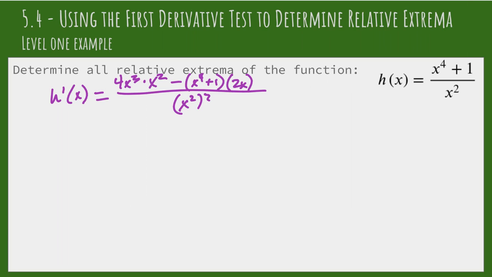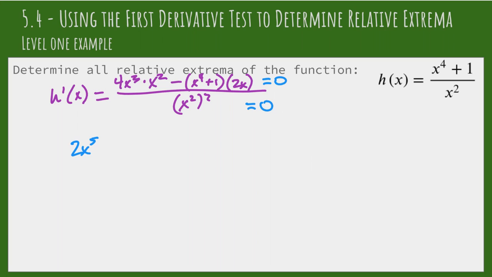So our critical values then are going to come where the derivative is equal to 0. That's going to be where the numerator equals 0. And then also where the derivative is undefined, so where the derivative's denominator is equal to 0. So it looks like we're going to have 4x to the 5th minus 2x to the 5th.